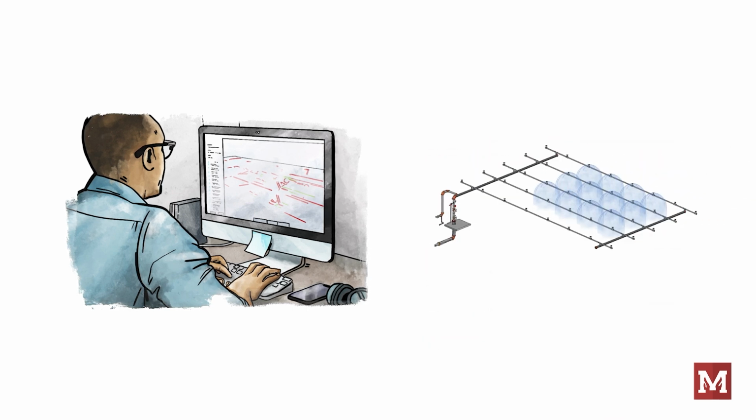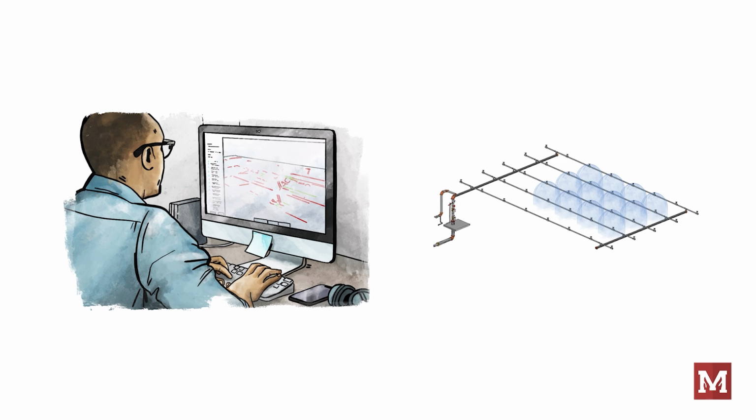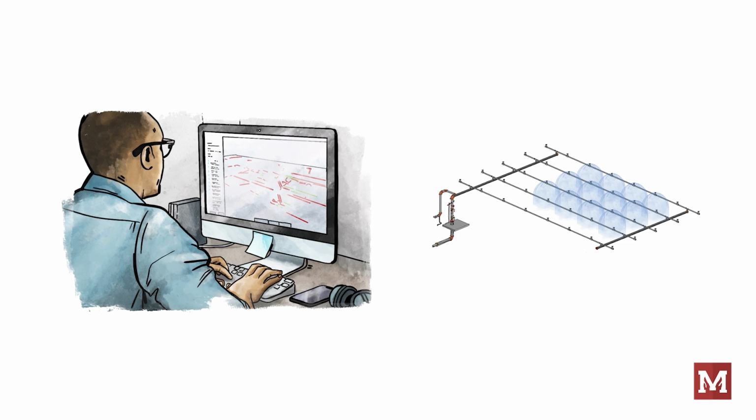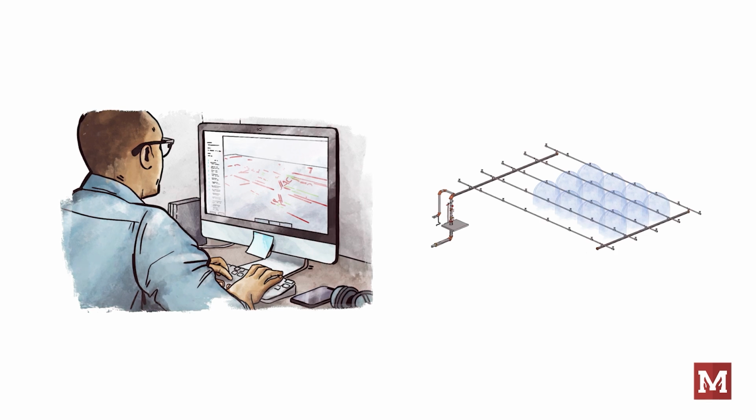In essence, the hydraulically most demanding area is that area where the system's water supply faces the most challenge in delivering the necessary water to the sprinklers. By definition, all other areas within the building will be hydraulically less demanding.